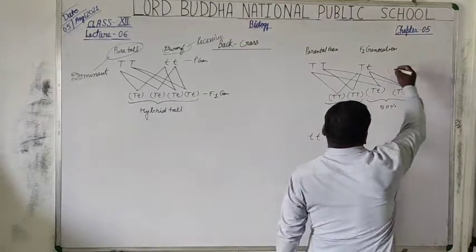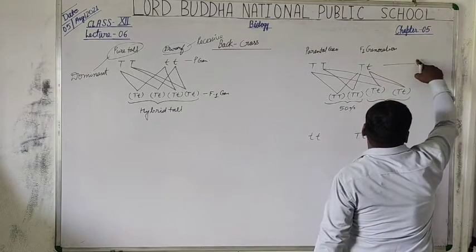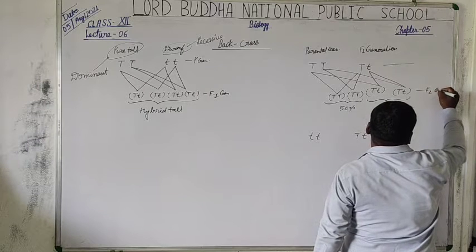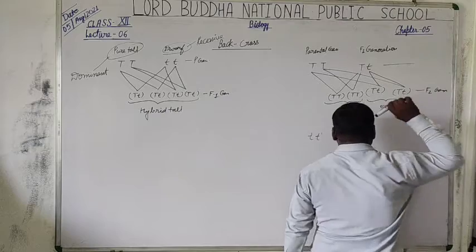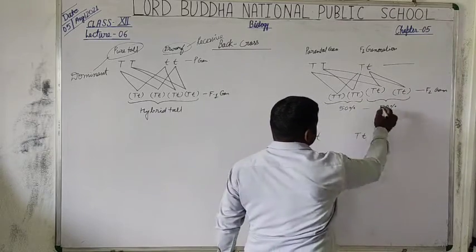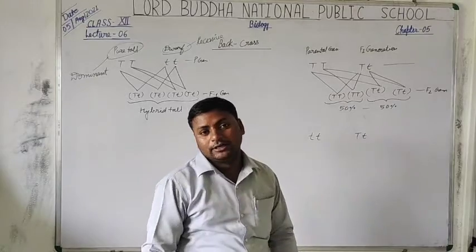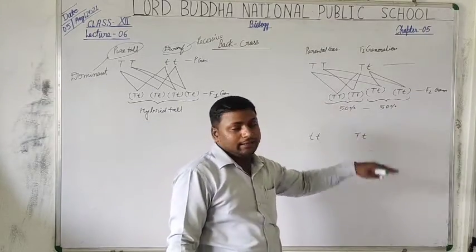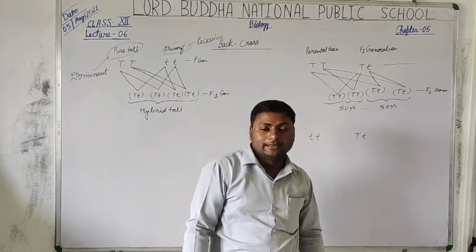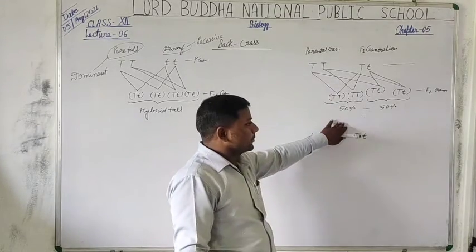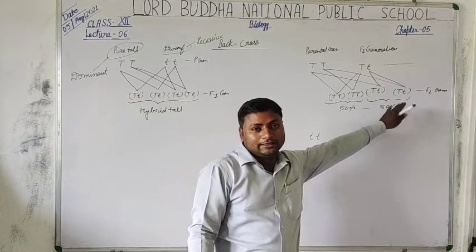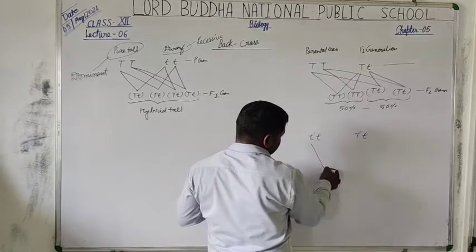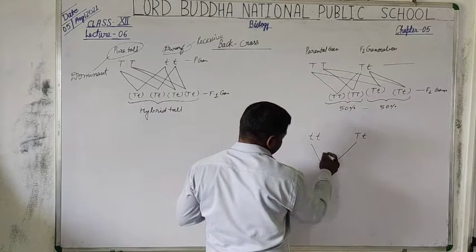This is the back cross, and this is the result, you can say, in the F2 generation. The result is about 50%. It means the chance of obtaining individuals with the dominant trait is 50% and the hybrid trait is also 50%. Now let's go with the recessive trait.